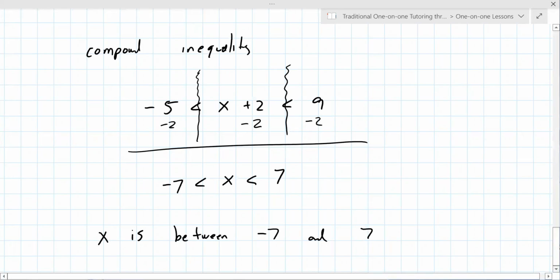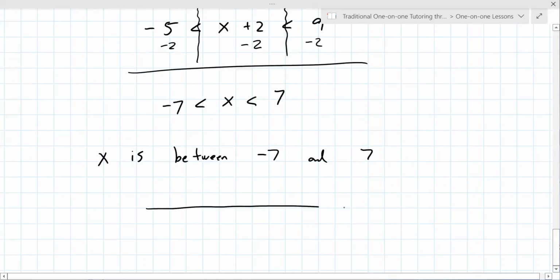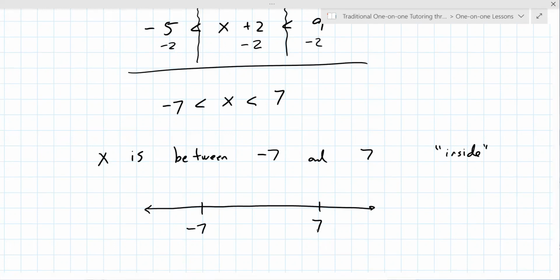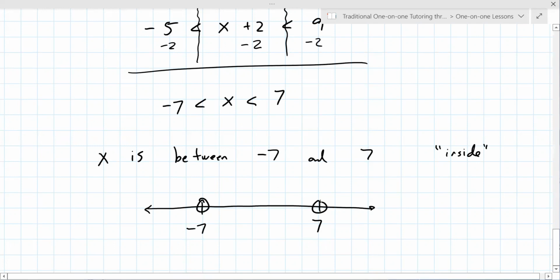Now, between is more important when you're graphing. I like to call this the inside. Between refers to inside. So imagine there's -7 and +7 on your number line. Is it a filled in or a not filled in circle at each of those points? Not filled in. And then between means you're graphing in between, obviously.